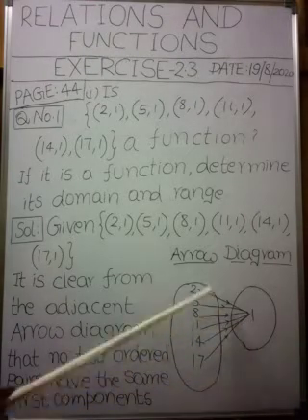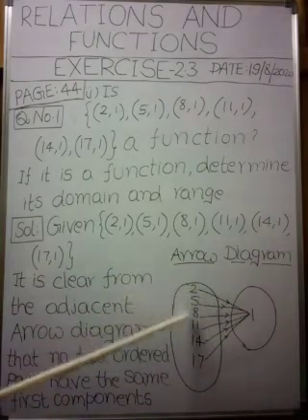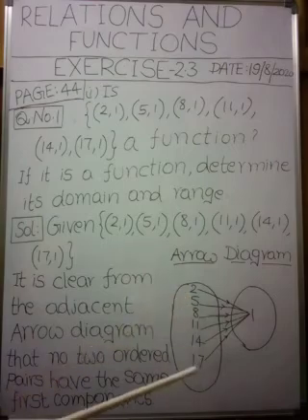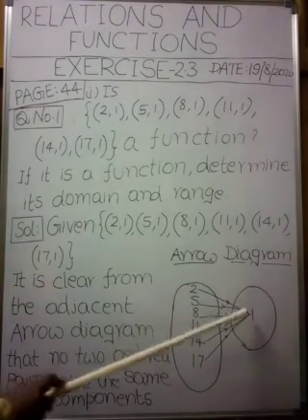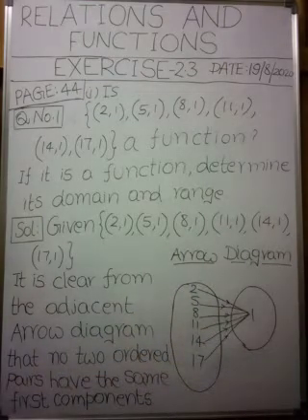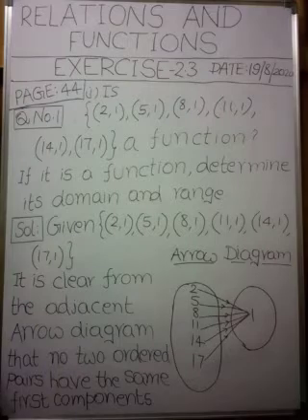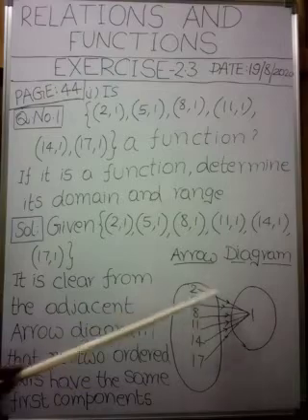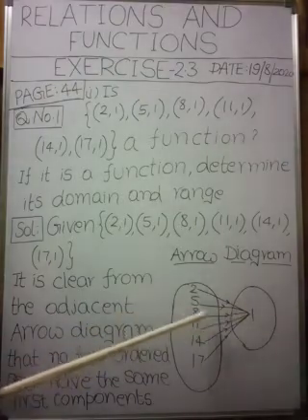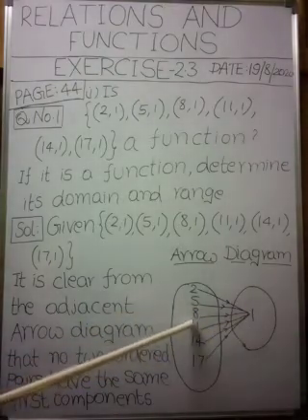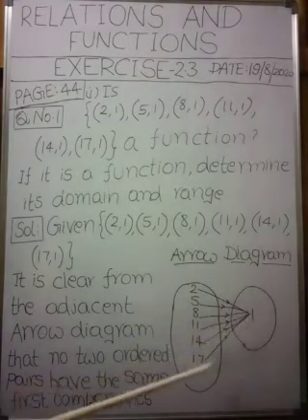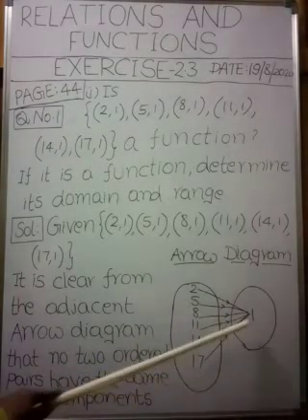If you observe this arrow diagram, every element in the first set has a unique image, not more than one image. Image of 2 is 1, image of 5 is 1, image of 8 is 1, image of 11 is 1, image of 14 is 1, image of 17 is also 1.